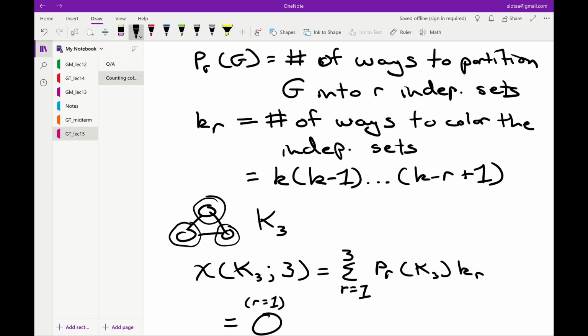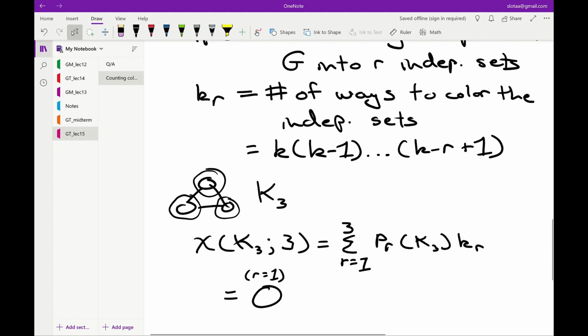So essentially, the minimum value of R for which we're going to be non-zero is going to be 3. Basically, if we consider any arbitrary non-empty graph, if at least one single edge exists, this P sub R function is impossible to be greater than 0 for small R, because that edge will restrict us from having those two vertices in the same independent set.